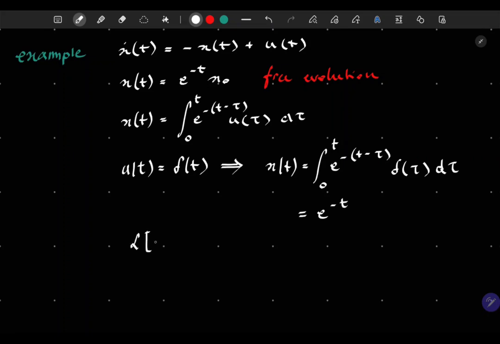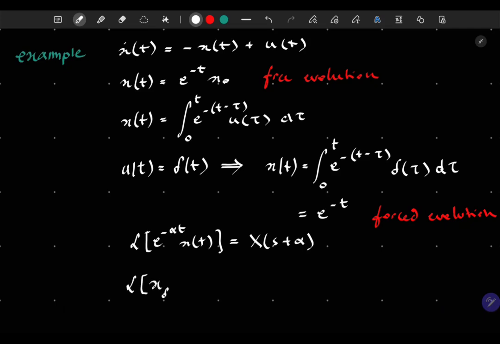Now we recall the property by which the product of an exponential times a signal, when we Laplace transform, gives us a shifted Laplace transform. And so in this case, the Laplace transform of our free evolution will be given by, and let me denote this by x of delta to indicate that this is the free evolution under the effect of a Dirac delta.